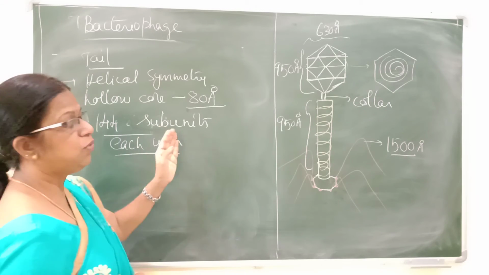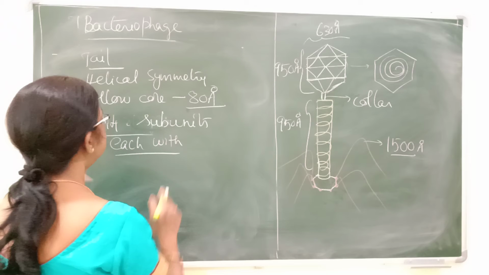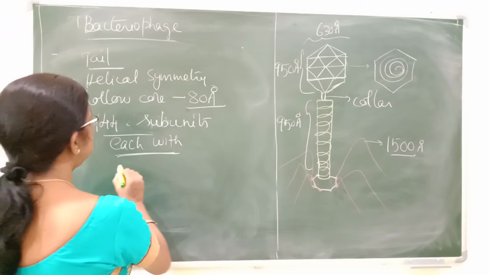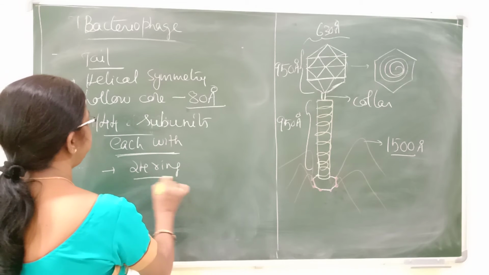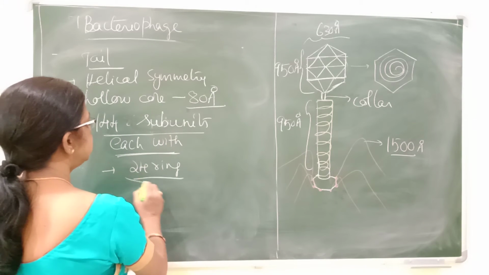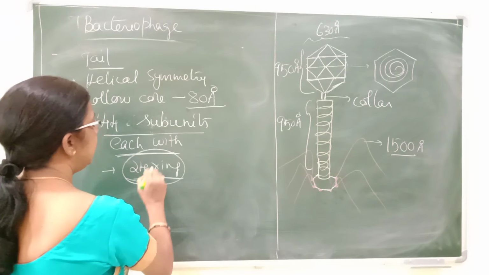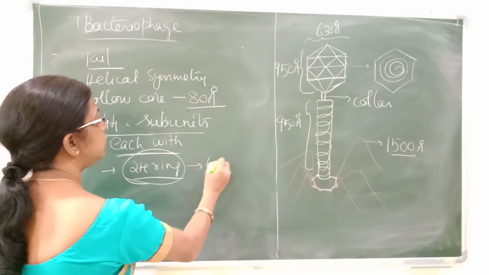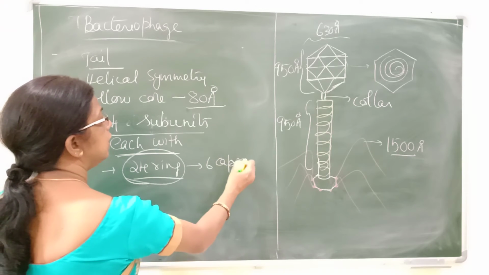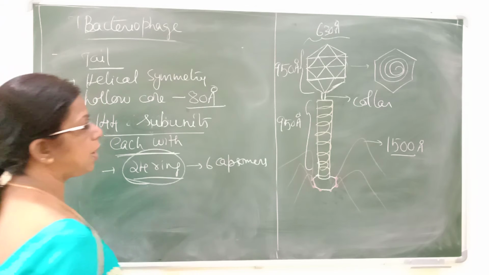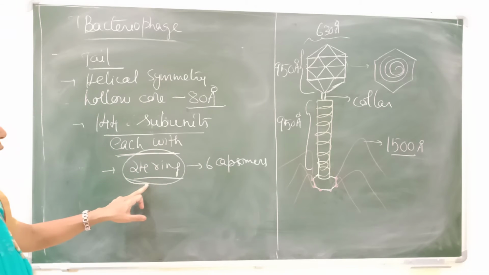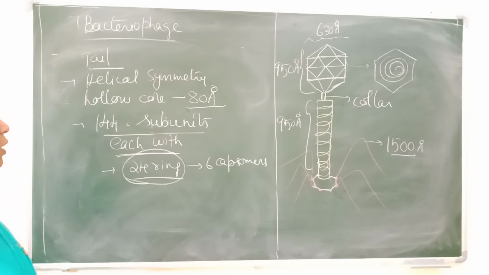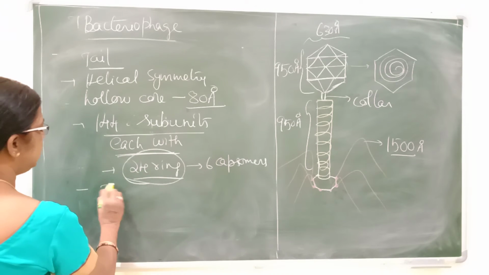There are about 24 rings present, with each ring having 6 capsomers. That is how the tail is formed.